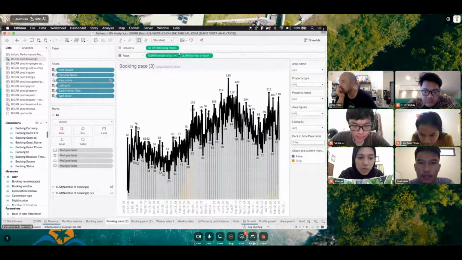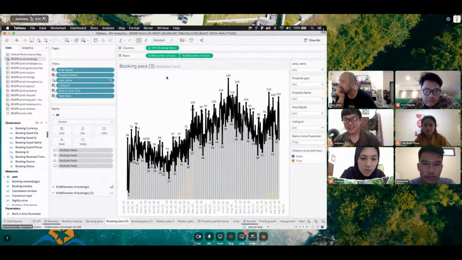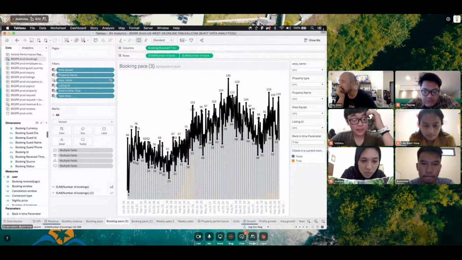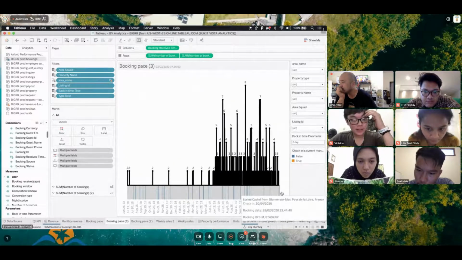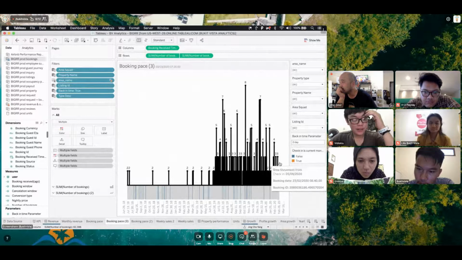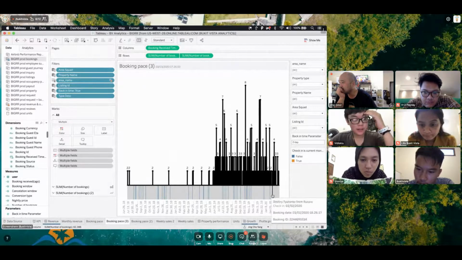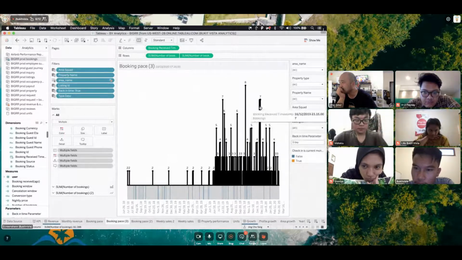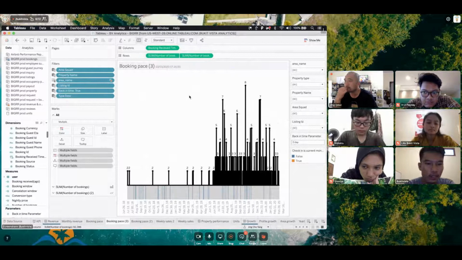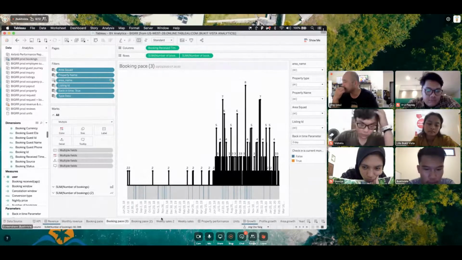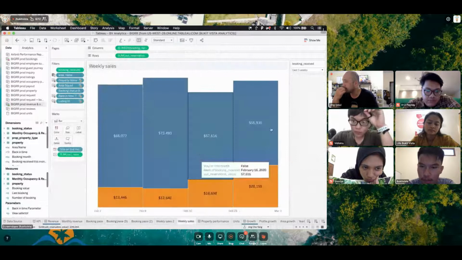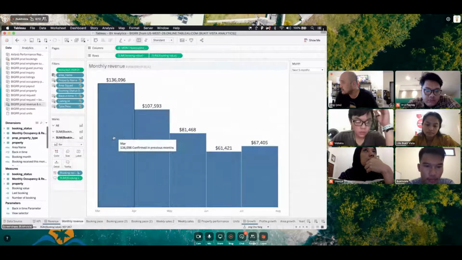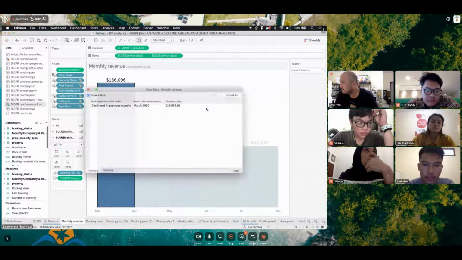Not this one. Wait. So this is very weird. Hard to see. So basically what happened, I can show you in the revenue. In March, you can view data.